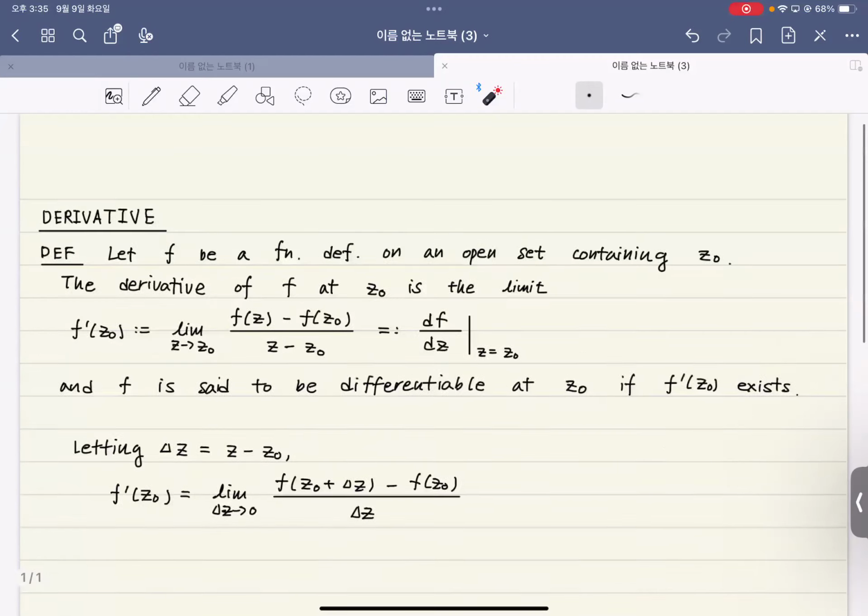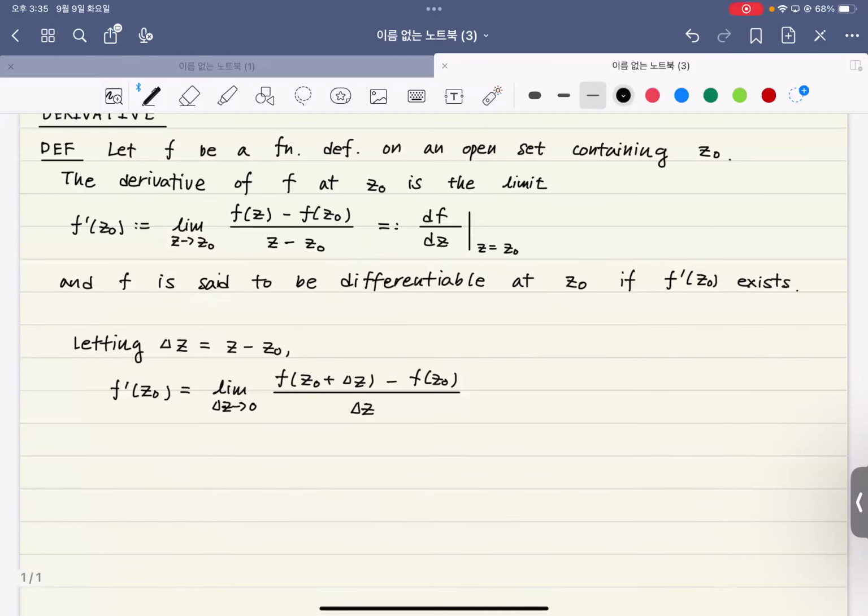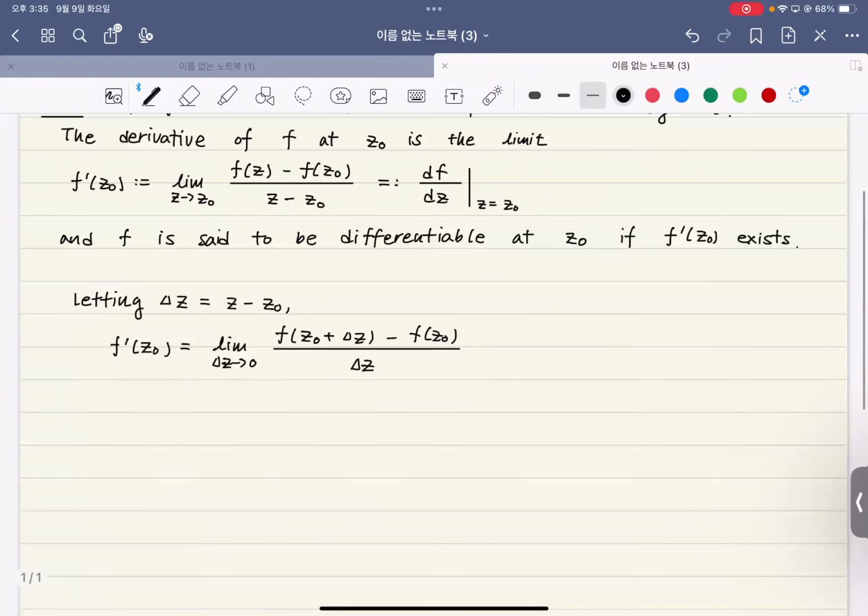All right, before I move on, I will show you some small examples of the complex derivative. I guess this is the easiest one, z squared. What is the derivative of this?